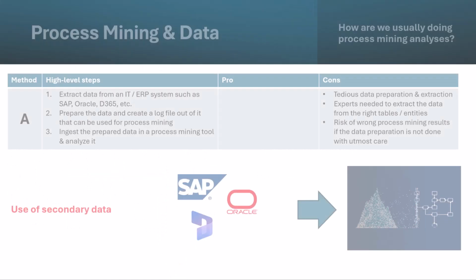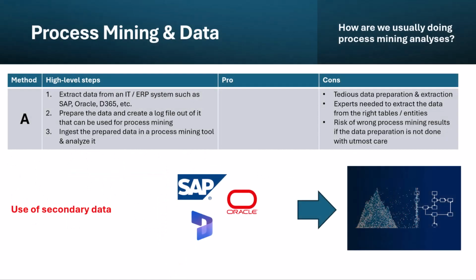So let's get started. What I want to discuss first are different methods to deal with process mining. Typically, and that's what is called method A, you have a system. It can be an ERP system, can be anything, where you get some data. And the data is usually distributed in different tables, in different forms, wherever. It's really a huge mountain of data.